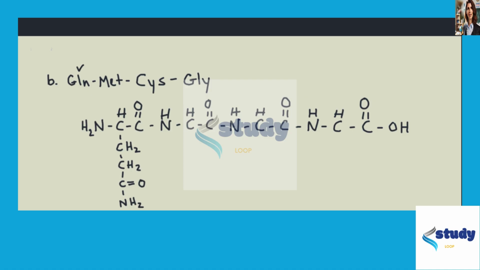So that's glutamine. Methionine, our second residue, has 2 CH2 units also. But instead of a C double bond O, you have a sulfur and then CH3 on the end.